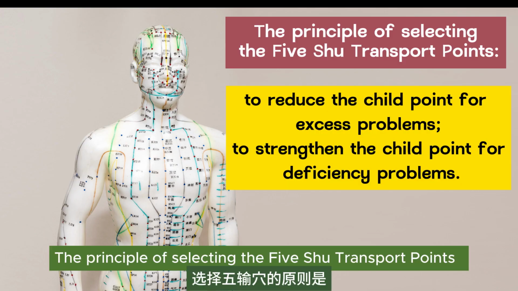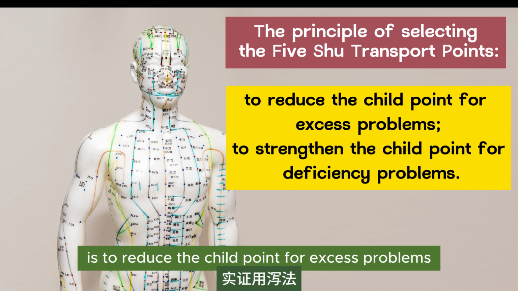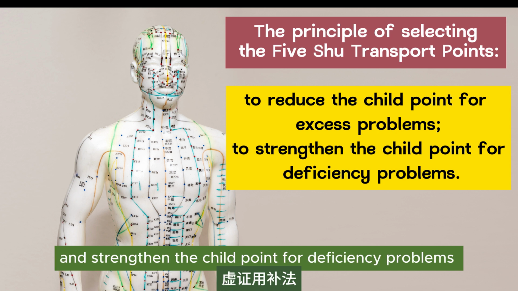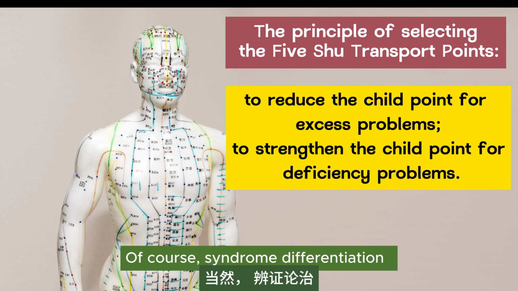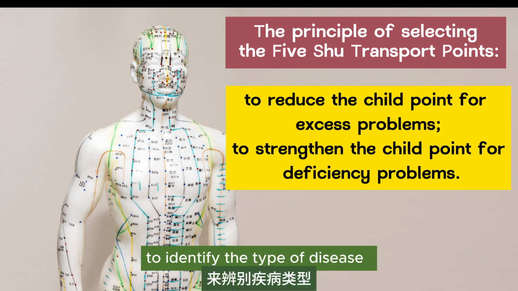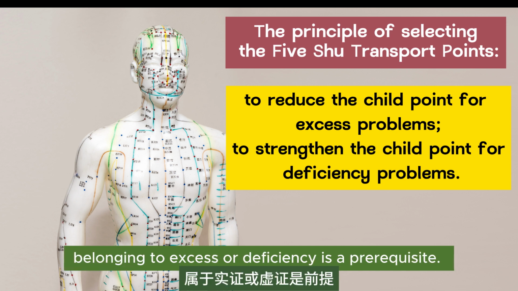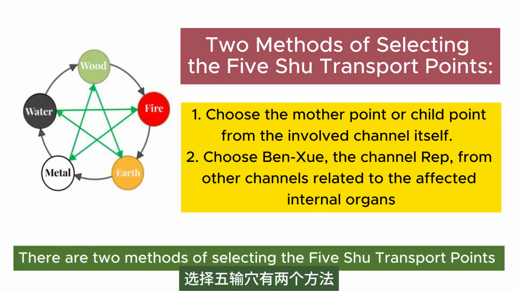The principle of selecting the 5 Shu transport points is to reduce the child point for excess problems and strengthen the mother point for deficiency problems to restore the yin-yang balance. Of course, syndrome differentiation to identify whether the disease is excess or deficient is a prerequisite.